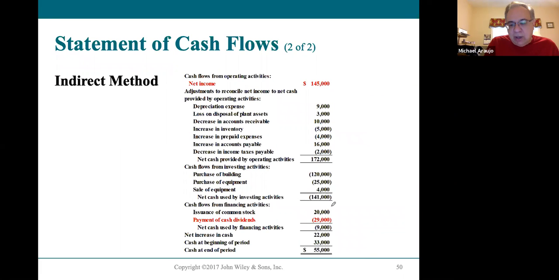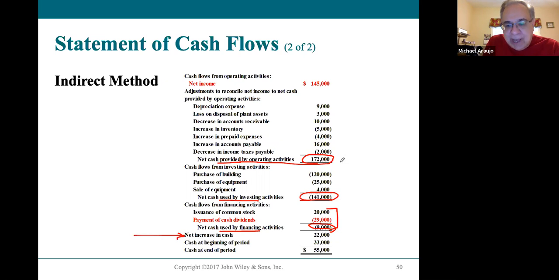And so the total for the financing activities looks like they used $9,000 of cash for financing activities. They used $141,000 for investing activities, and they were provided $172,000 of cash from operating activities. So these totals become important because that's what this number is.